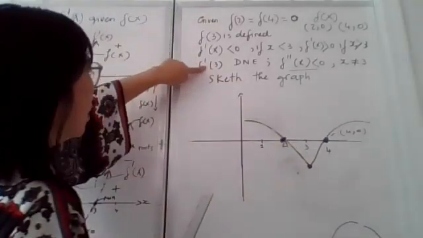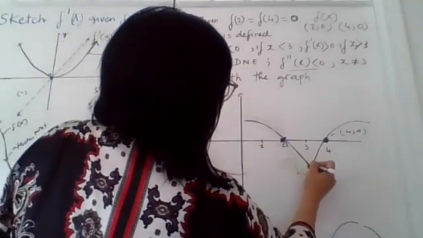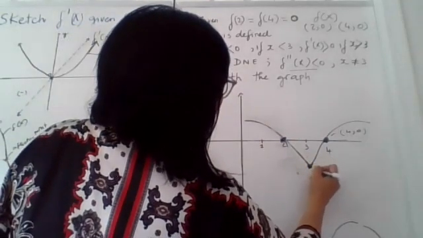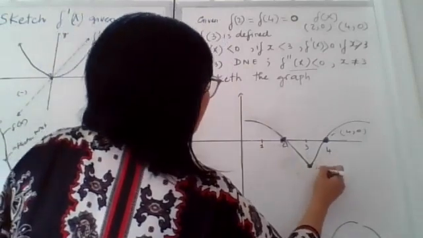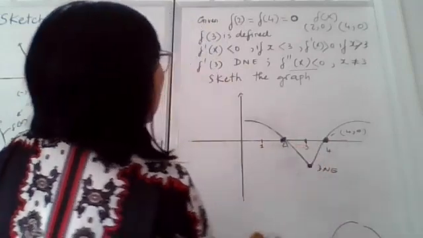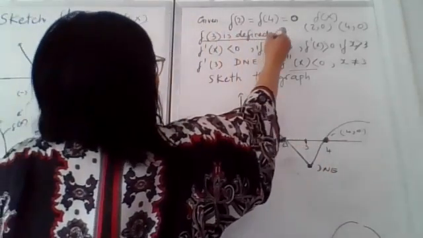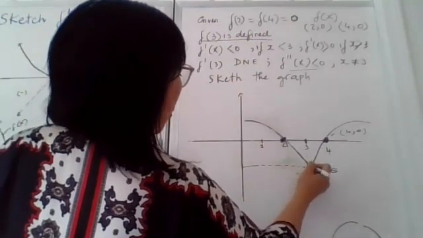The reason is that f prime of 3 does not exist. And you remember when we have a sharp point here, we cannot have a tangent line like that. So it does not exist at x equals 3. However, f of 3 is defined. So if we go back here, yes, we have a point here.